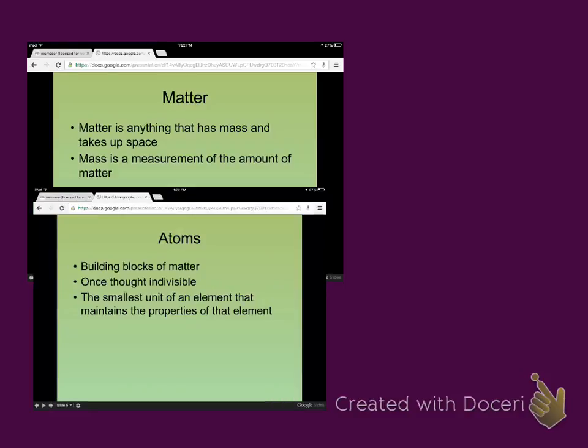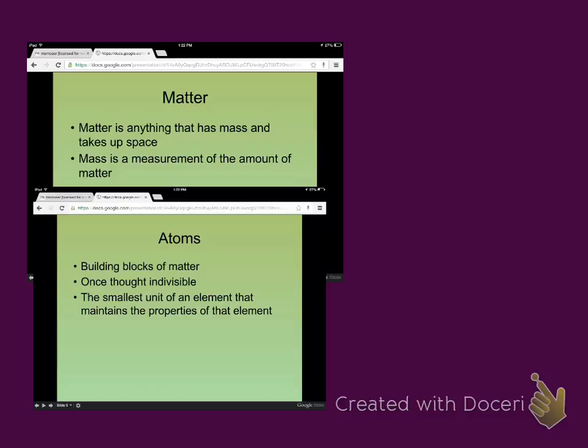Okay. Atoms, they're the tiny little things that make up everything on the planet. And at one time we thought you couldn't break them up, and now we know you can, with great consequence. If we talk about elements, which we will talk about a whole lot as we go, the atom is the smallest chunk that maintains the properties of the element.